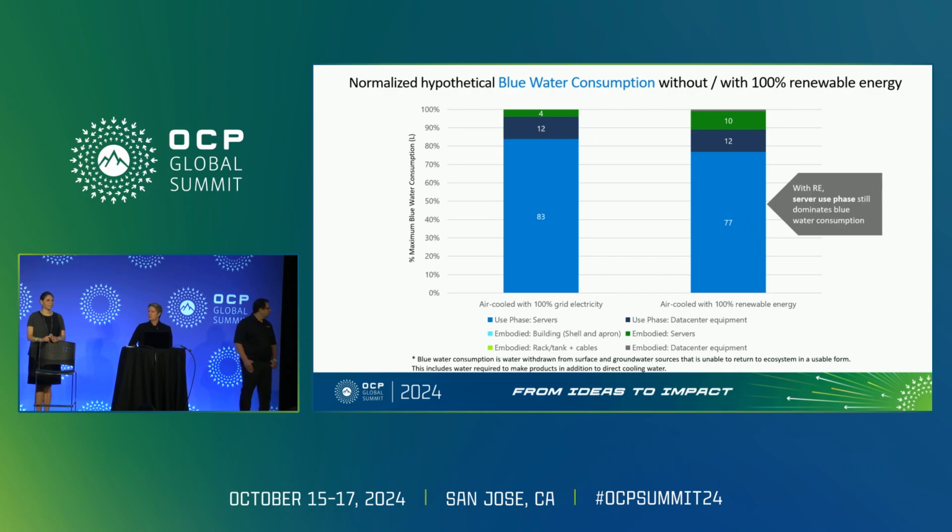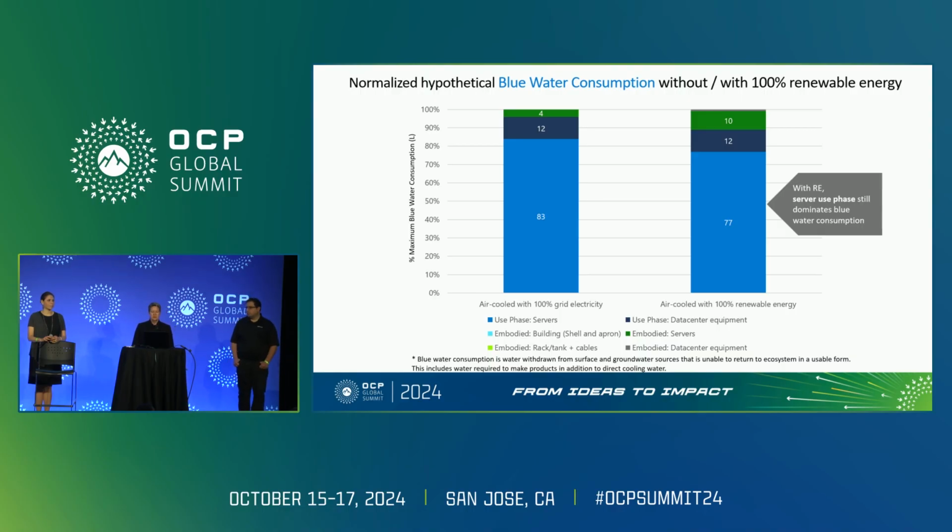And again, that was greenhouse gas emissions, now shifting to blue water consumption and making that same comparison between grid and 100% renewable energy. Renewable energy did reduce the blue water consumption by 55%, but here I'm showing normalized to maximum to highlight the ranking of the various life cycle contributors to blue water consumption.